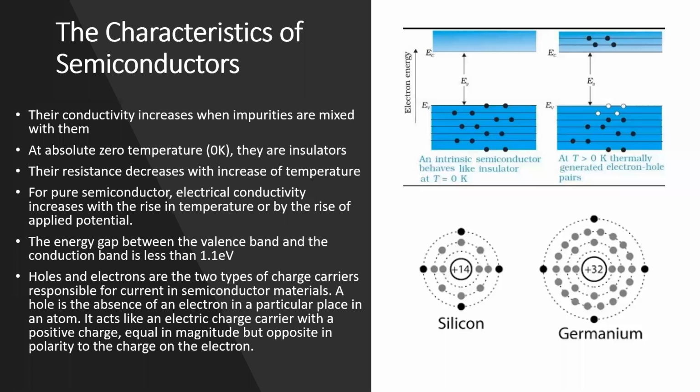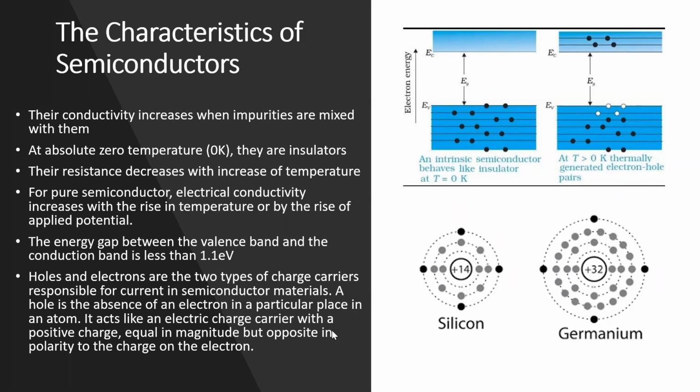So is that clear, what is a hole? Yeah, okay. So you may be asked a question, what is a hole? So you have to tell that a hole is the absence of an electron in a particular place in an atom.